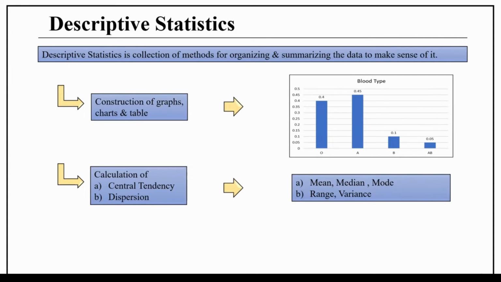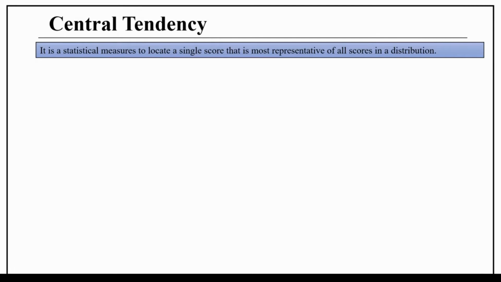Now let's start with our first topic in descriptive statistics, that is central tendency. So what is central tendency? It is a statistical measure to locate a single score that is most representative of all scores in a distribution.